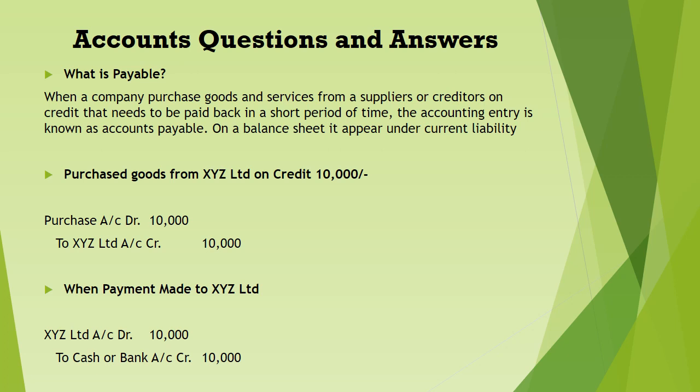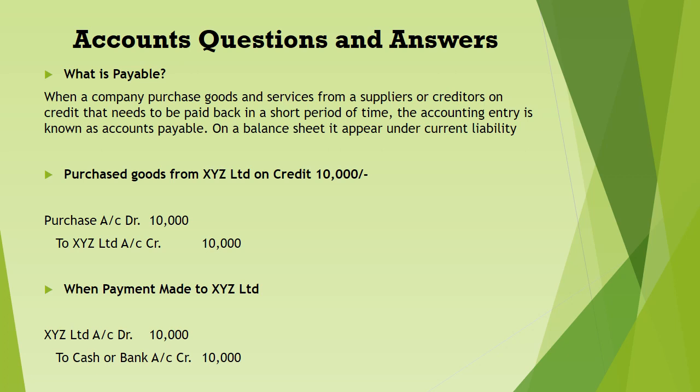We received goods, we purchased goods from suppliers or vendors, or we took a loan from the bank. So we have to make the payment to those third parties, correct?